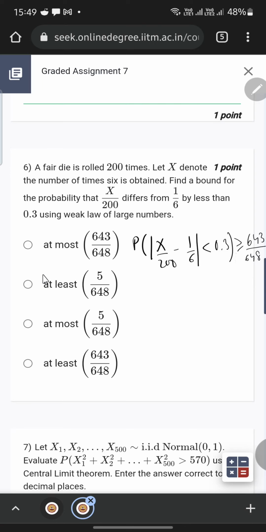So the correct option is this one. It's at least, yes, at least 643 by 648. This one is correct.